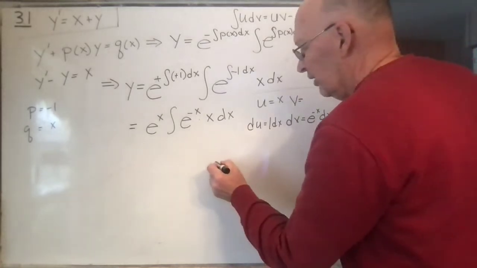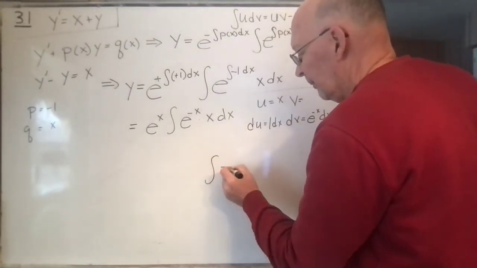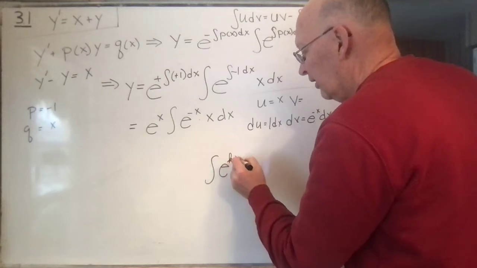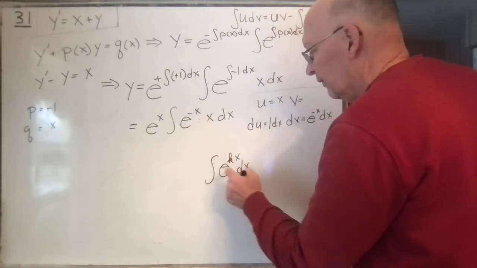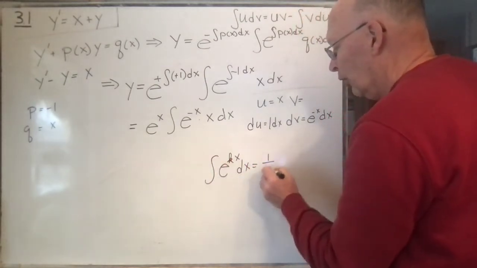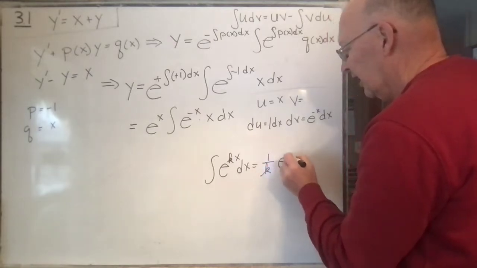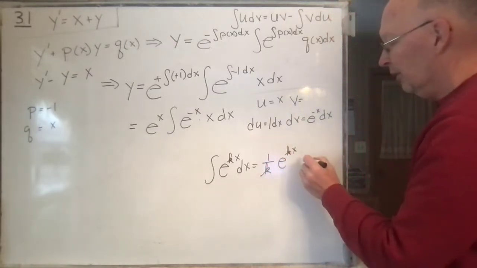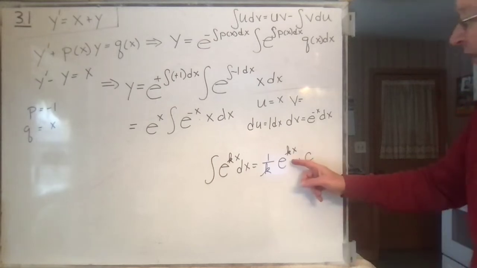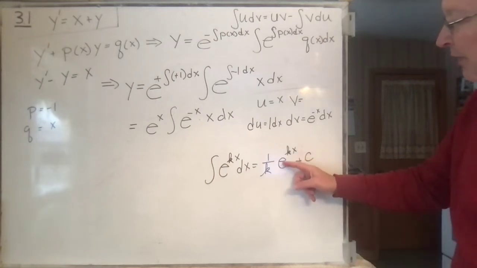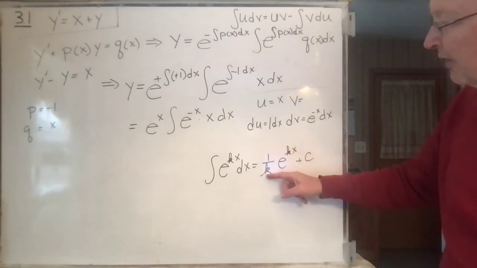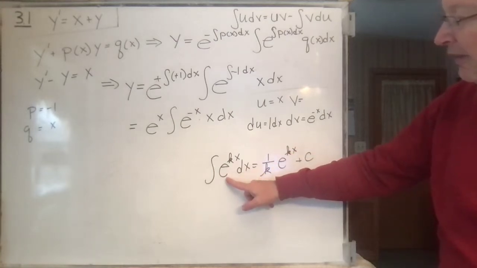And I guess, you know what? This is something you should just know, that the antiderivative of e to the kx is just 1 over k e to the kx, plus c, of course. Do you agree? Because if you take the derivative of this thing, the derivative of e to the kx is going to be e to the kx times k, and that k cancels with this, and you just end up with e to the kx.